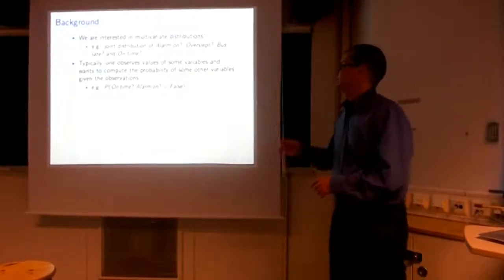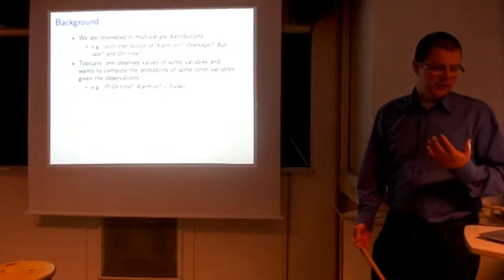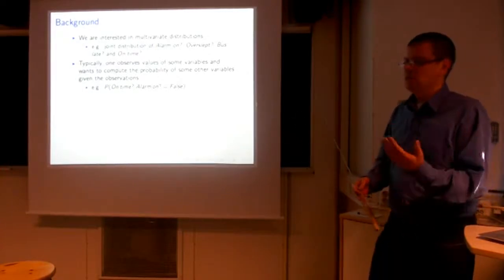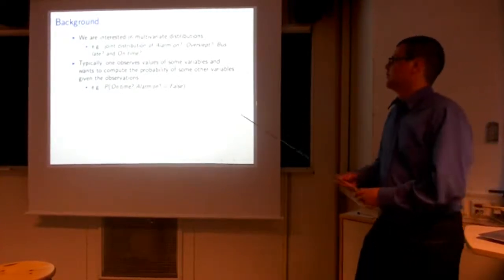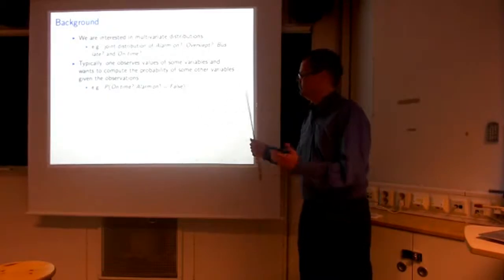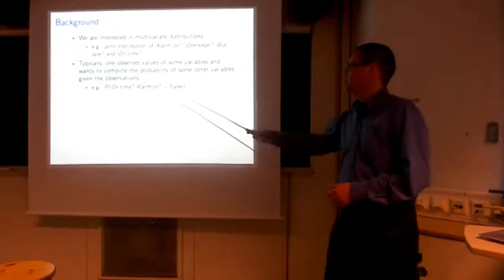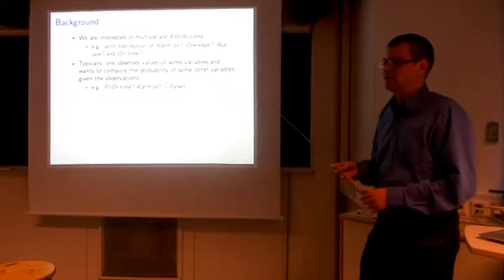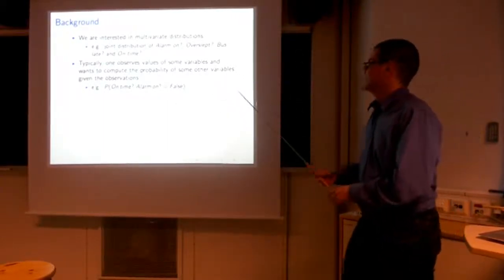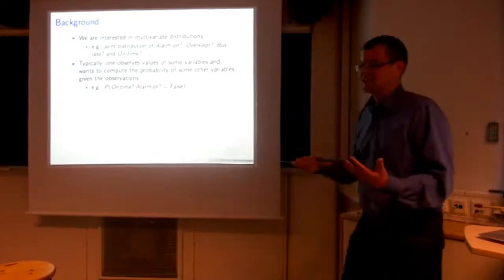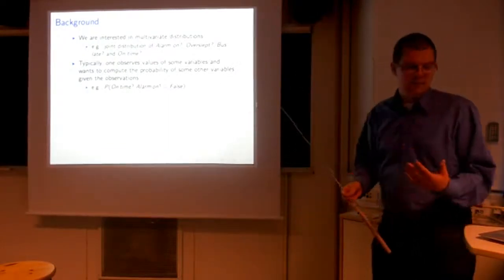In this kind of setup, a typical task is that we observe one or more variables. For example, we can observe that the person has forgotten to set his alarm on, and then we want to compute the probability of some other variable. For example, what's the probability that the person is on time if he has forgotten to set his alarm.